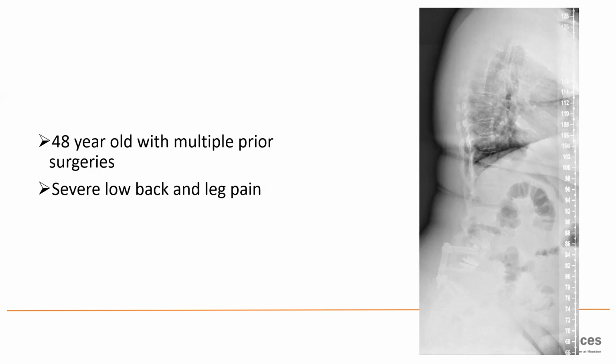John, I'm sorry, I'm having a hard time seeing the scan. What are the instrumented levels? L4 to S1 or L4 to L5? L4 to S1. There are screws here. And is she fused in the back? She's fused in the back at L5-S1, but not at L4-5.